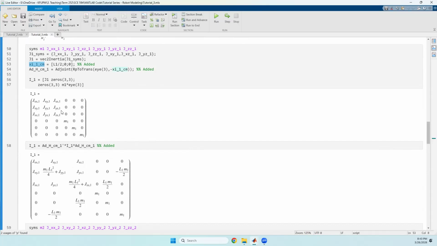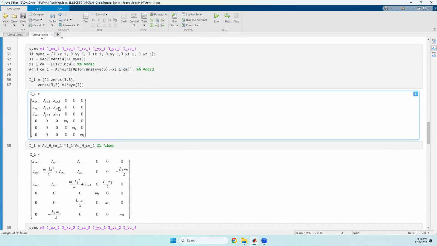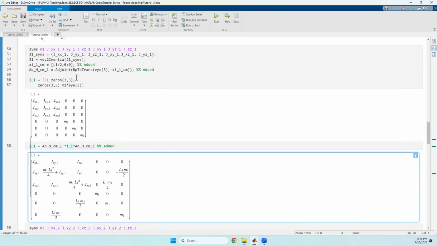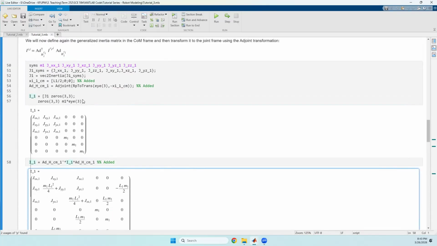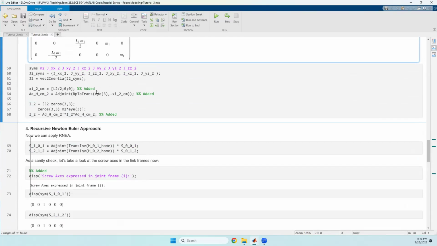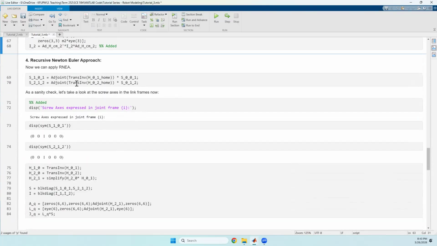So comparing both, this is how the inertia matrix looks in the center of mass frame, while this is how it looks in frame 1 that's not at the center of mass. If we do exactly the same for frame 2, we're just repeating the same part.